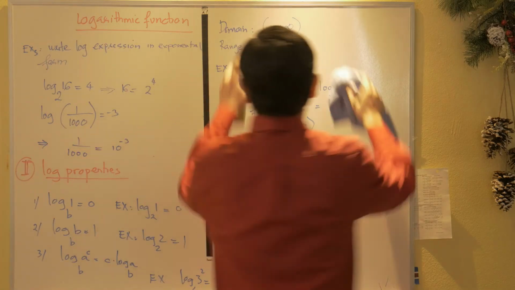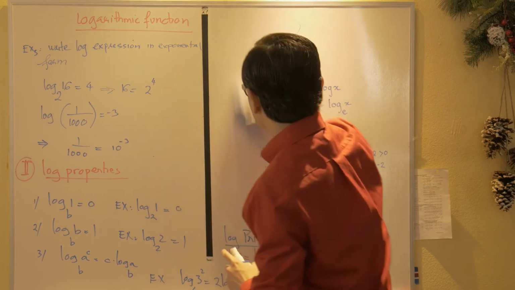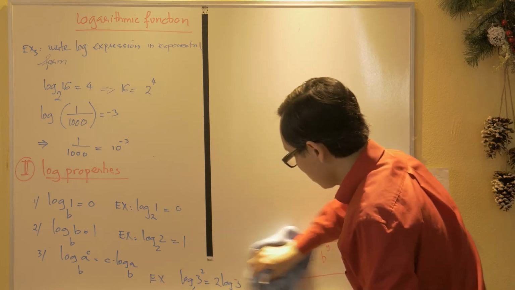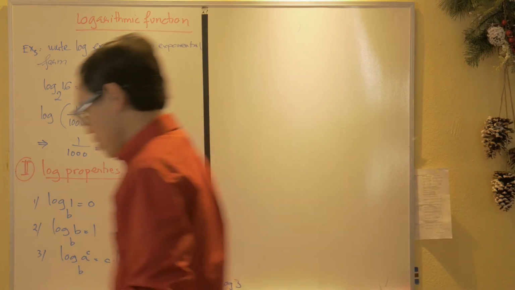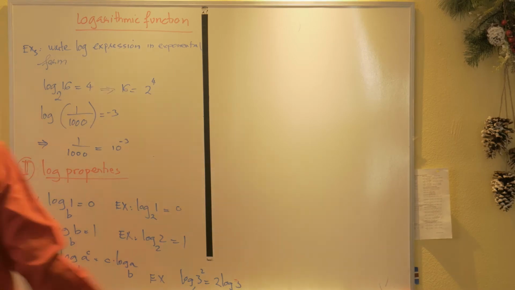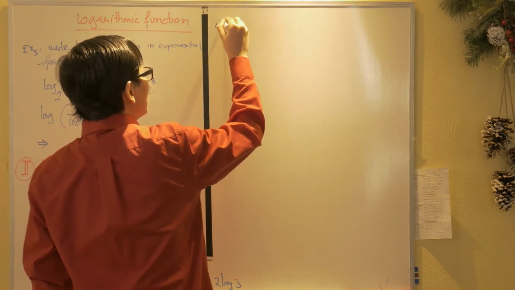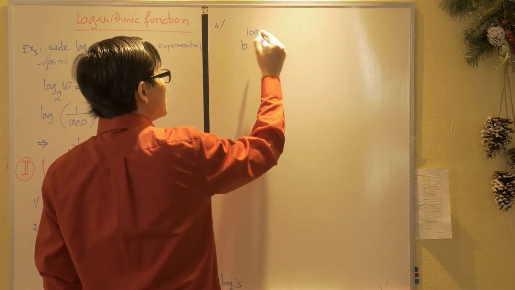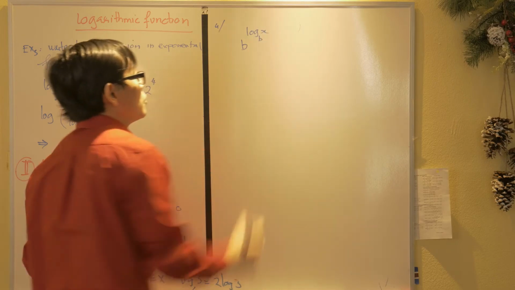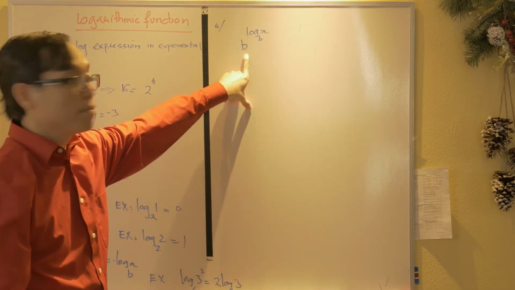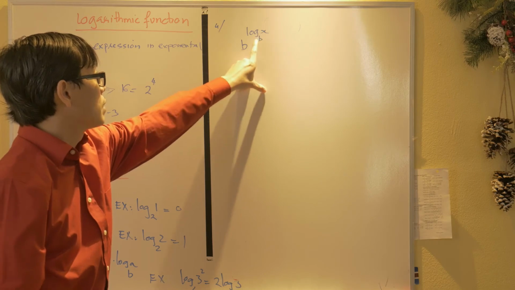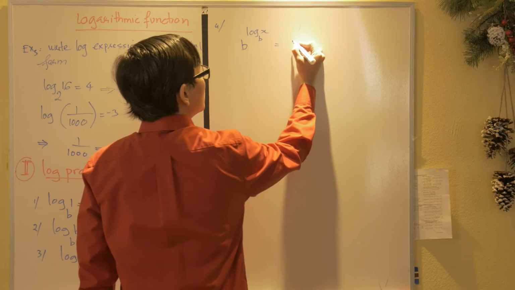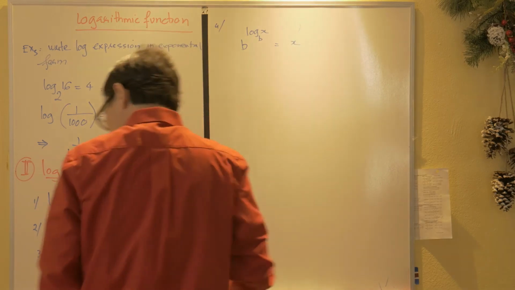Number 4. If I raise b to the log base b of x, so b over here is the base of the power, and b over here is the base of the log of x, then this is equal to x.